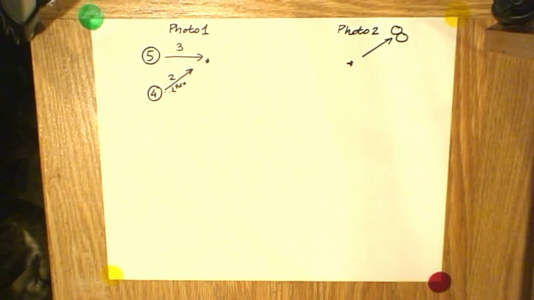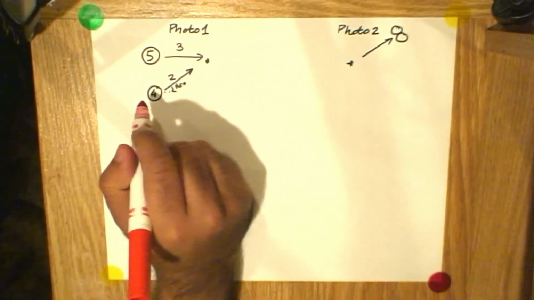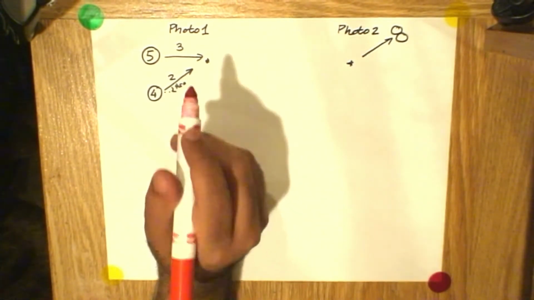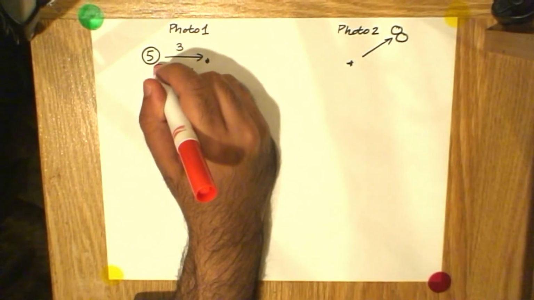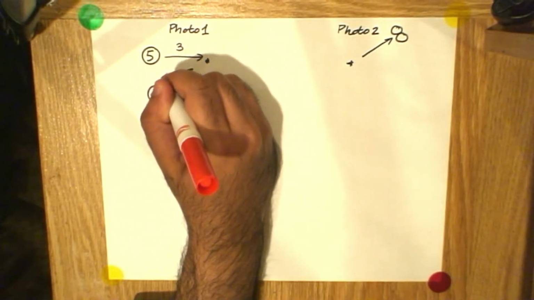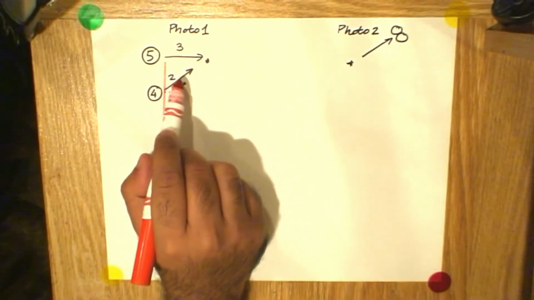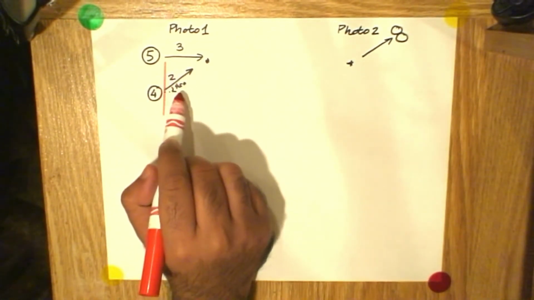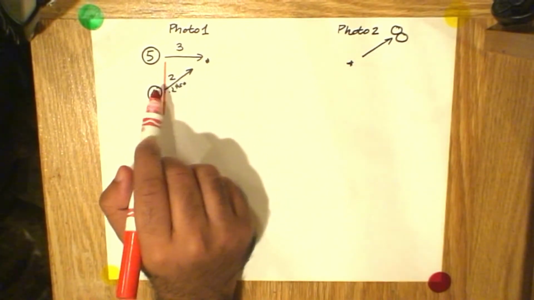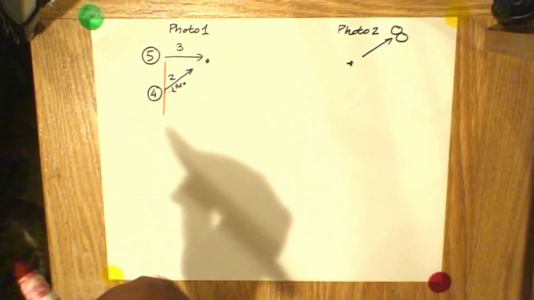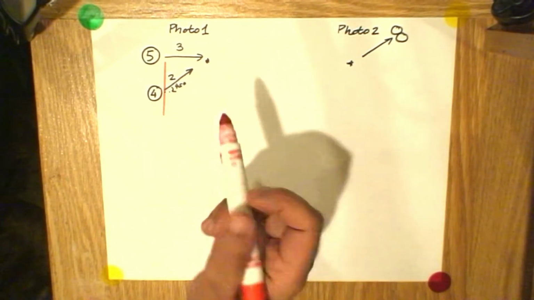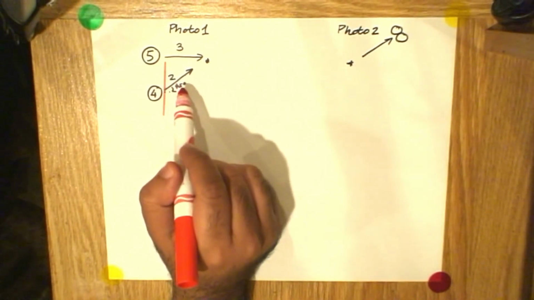Now I'm going to set the origin and axes on the 4 kilogram object, and here's the reason why. It'll make it easy for us to take this vector of velocity, which is 2 meters per second at an angle of 45 degrees, and convert it into its Cartesian equivalent, its rectangular equivalent. This is right now in polar notation.